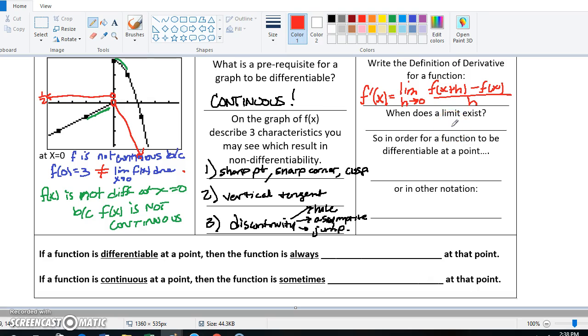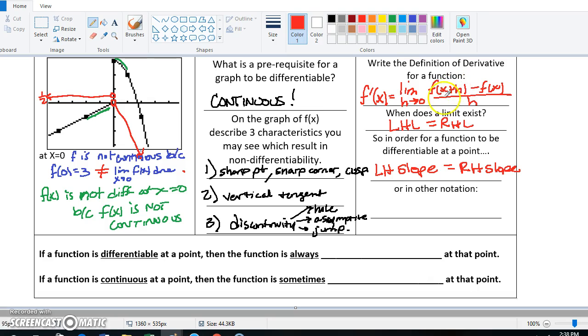When does a limit exist? Well, a limit exists if the left-hand limit equals the right-hand limit. Because the derivative is based on a limit, we need to know that the left-hand slope equals the right-hand slope for the limit to exist.